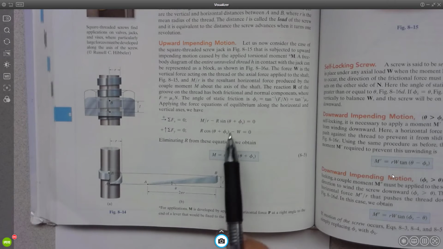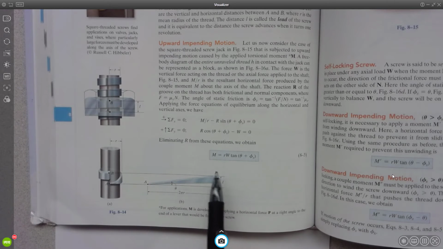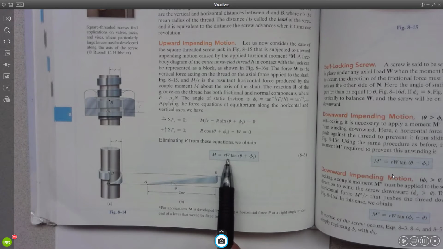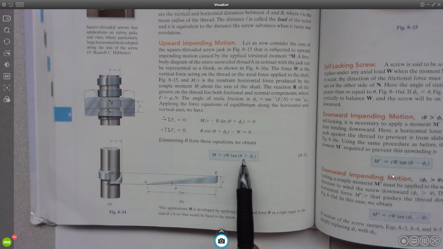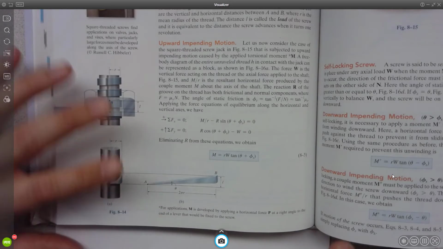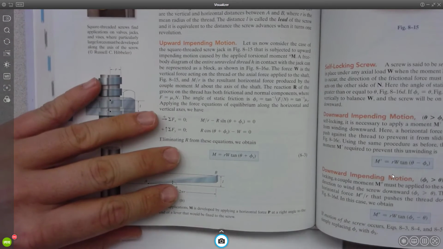If we eliminate the R in these two equations, what we come up with is that the moment required to turn that screw is going to equal the radius of the screw times the weight you're lifting times the tangent of the angle of the ramp plus the angle of static friction.